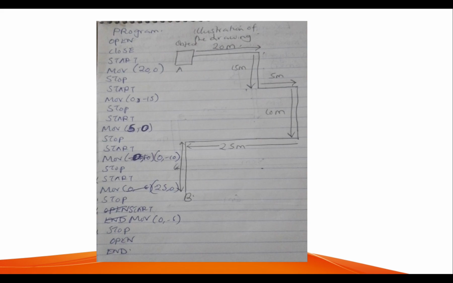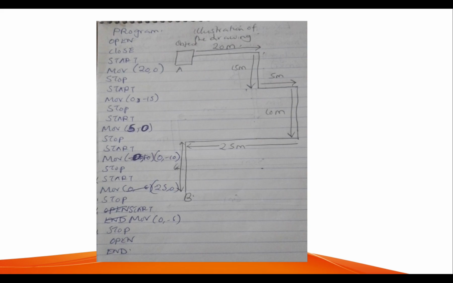After moving downwards 10 meters, there is a stop, start, move again, negative 25, 0. So it means that the negative 25 is from the x-axis. So the x-axis is the one being affected, and if it's a negative value relative to the present location, it has to move to the left, because moving to the left from point 0, 0 means you are making a negative movement.